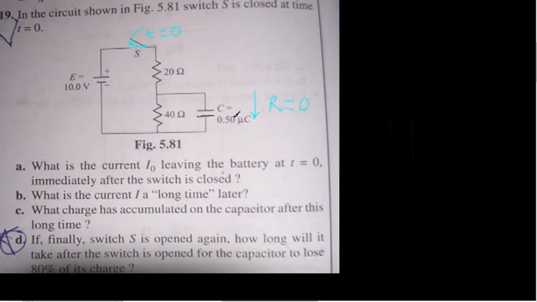Once it gets fully charged, the current will not flow through this, means this will be an open circuit. So at t equal to 0, when there is no charge, R is equal to 0. Once it is fully charged, R will be infinity. Means at t equal to infinity, R is equal to infinity. At t equal to 0, R is equal to 0. You can take it this way for simplicity.